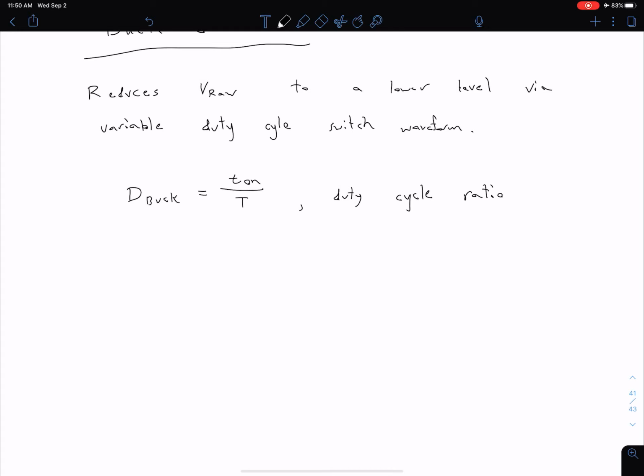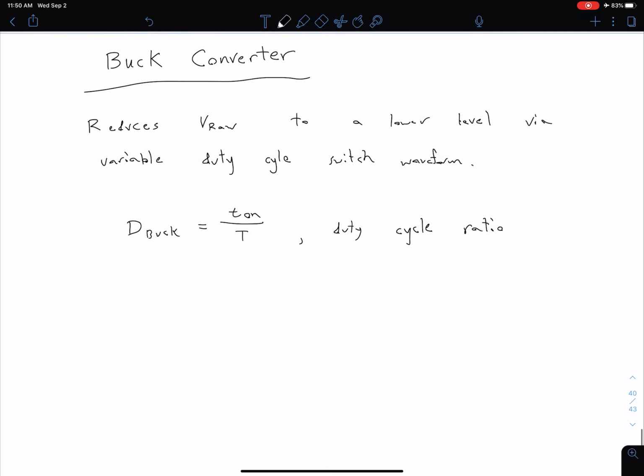Notice that this definition of D buck does not include a TS on, like we saw in a previous definition for a similar duty cycle. That's because, remember, we're assuming that our switching occurs instantaneously, so that TS on is just going to be 0. I'm going to be calling back to these assumptions as they come up.